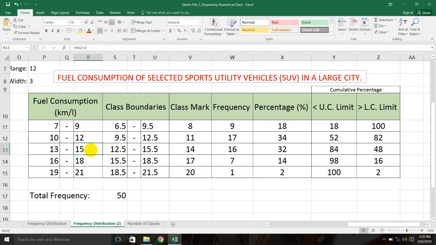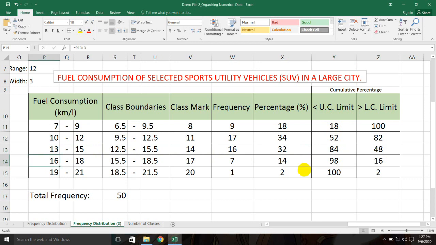We're referring to less than, therefore we need to use the less than upper class limit cumulative percentage. So they're about 84%. Majority have only an average of 15 kilometers per liter and below.